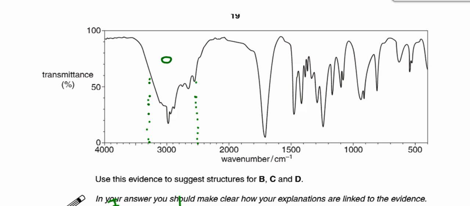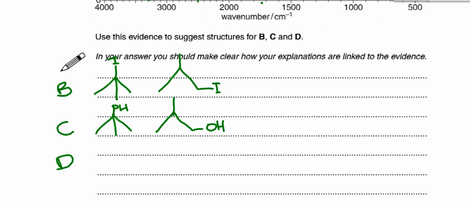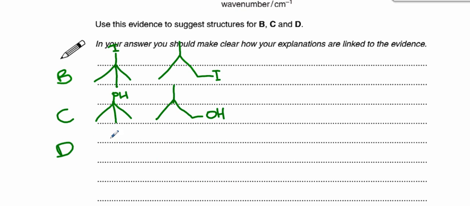This is indicating an OH of a carboxylic acid, and that is confirmed by this peak here, isn't it? Which is between your 1650 and your 1740, which is your C double bond O. So I've got that confirmed. So I know now, and again, I'm not formatting my answer completely yet, that D is going to be a carboxylic acid.